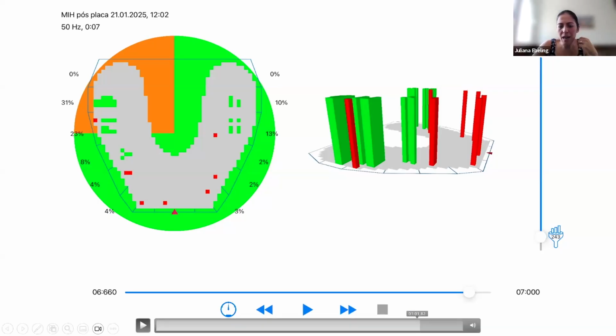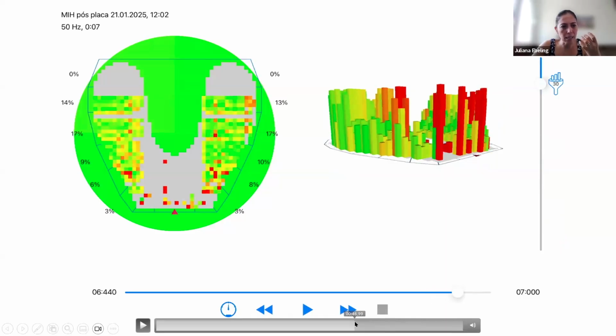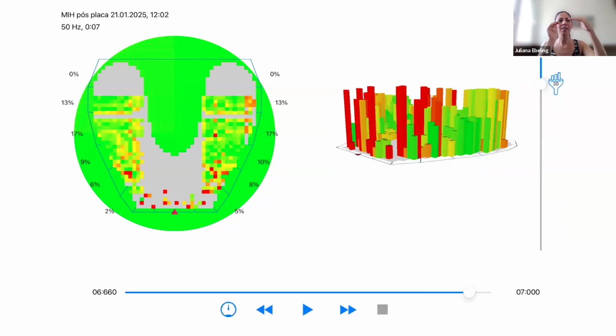If I have a very, very detailed surface anatomy of these teeth, many of these contacts are not real contacts. They are the surface that the sensor is touching to model this anatomy.